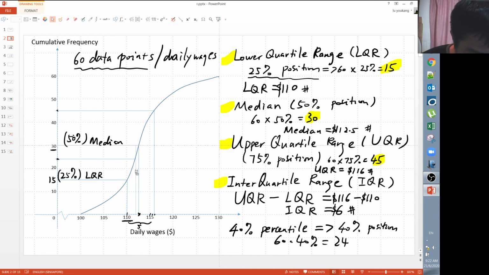I'm going to draw a line here. Alright, yep, so this is our 40% position, which is our 40% percentile.